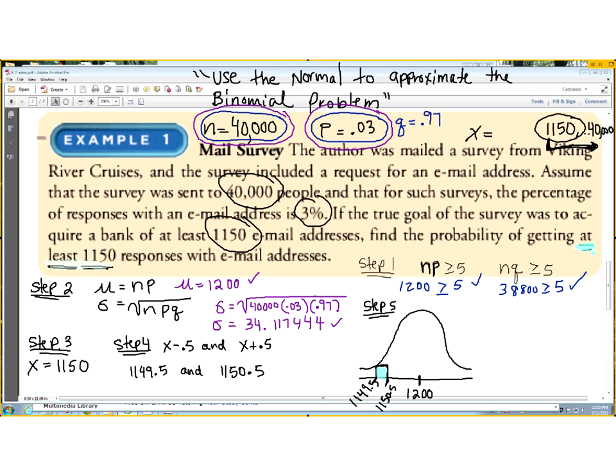But when it says at least, do I shade to the right or to the left? At least. So the least you can have is 1,150. So not only do we get to shade the strip, which includes 1,150, but you have to shade everything to the right. Good.